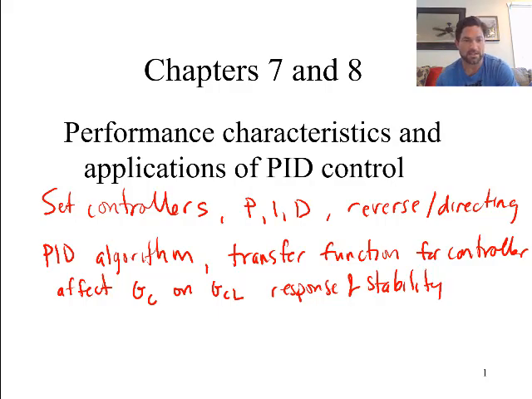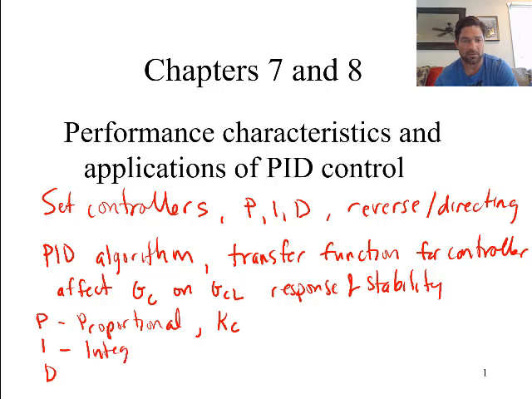Some of the terms that we need to know are P, I, and D. P stands for proportional. In terms of controller action, there is proportional, integral, and derivative action. For the proportional action, the controller setting of importance is the gain, which is Kc.